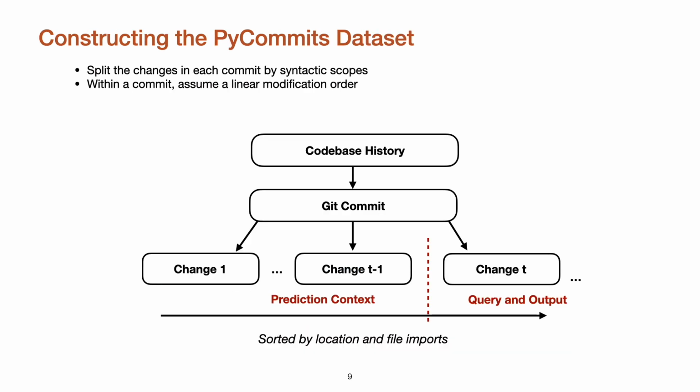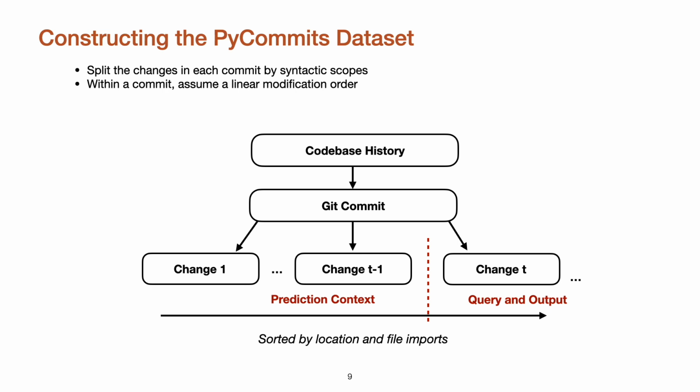We construct our training and eval dataset using the commit history of open source projects. For each commit, we split the changes by following syntactic boundaries, and we order the split changes into a sequence using a heuristic based on file locations and import orders.